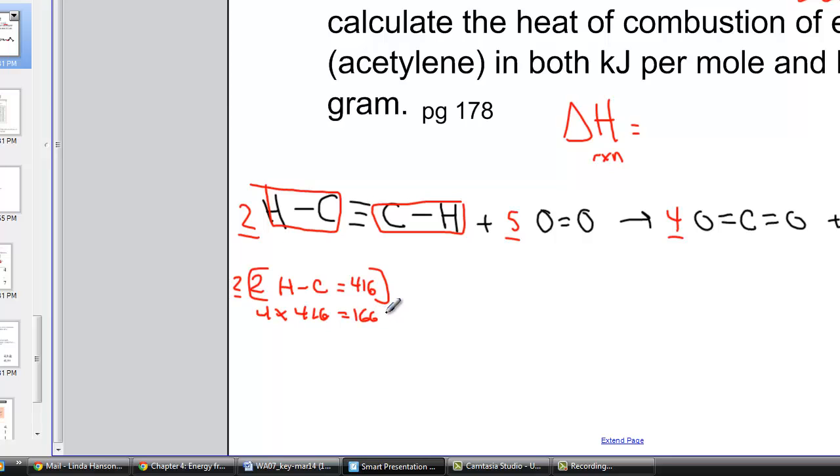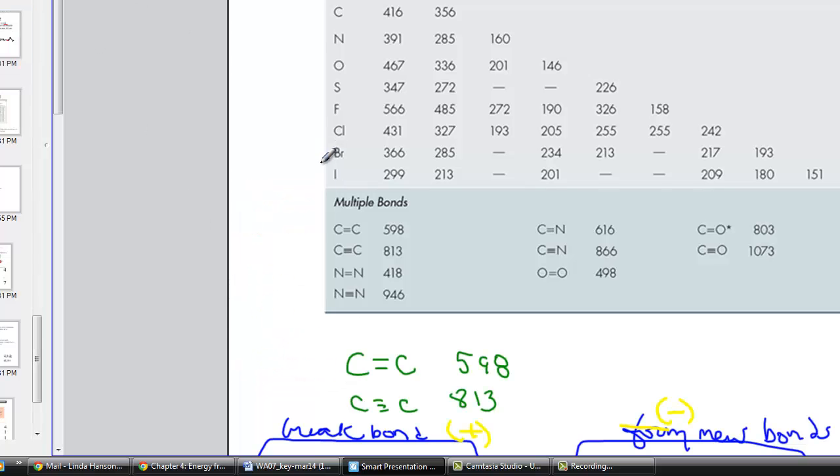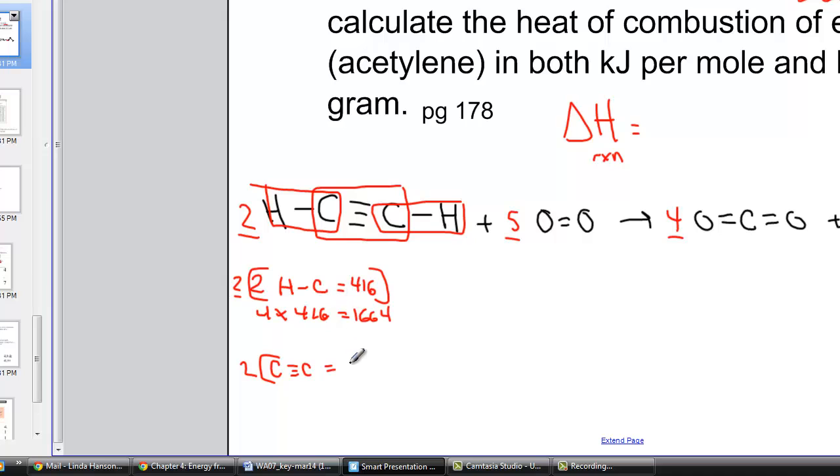What else do we have in that molecule? I also see a C triple bond C, and just one of those in that molecule. Don't forget that coefficient there as well, but I need that C triple bond C. That value is 813.